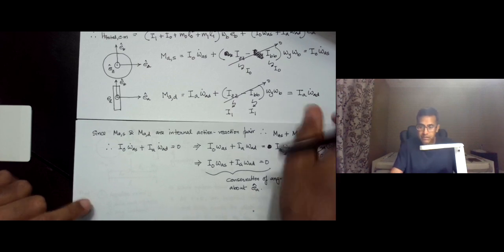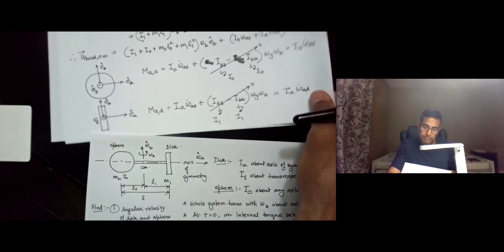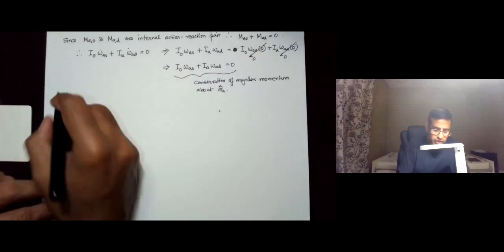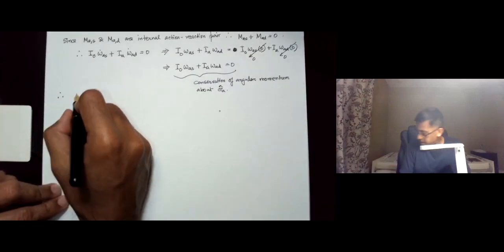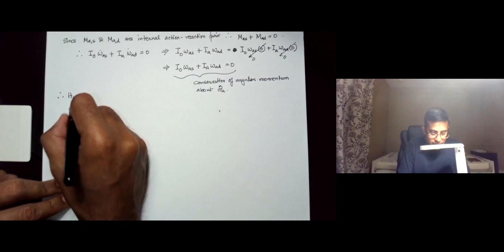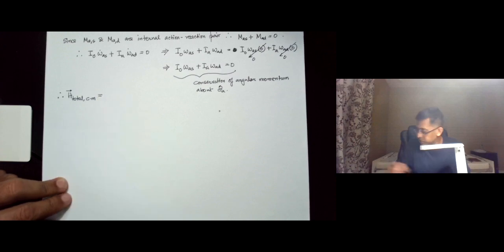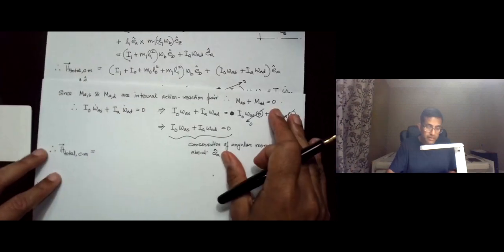So we go back. Let me just arrange these pages here. We then say that therefore H total about the center of mass is equal to, and I'm just going to put the original expression here.